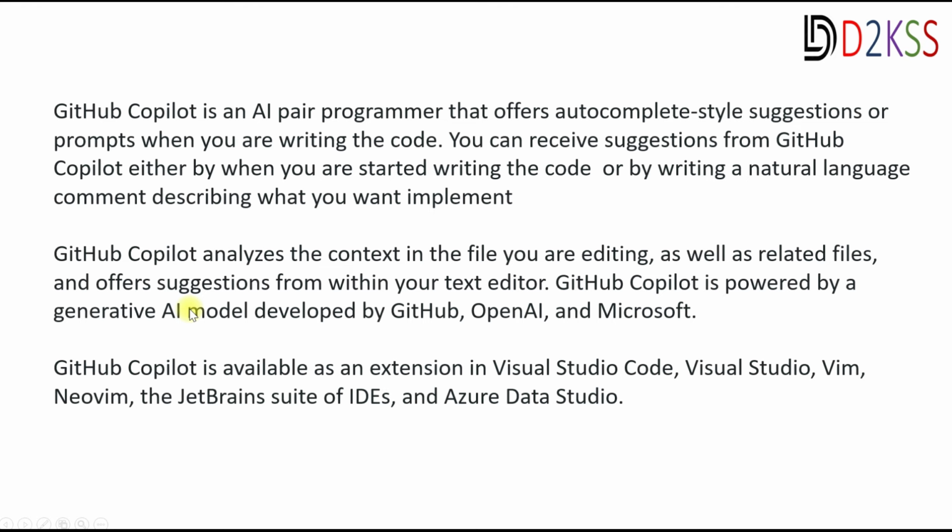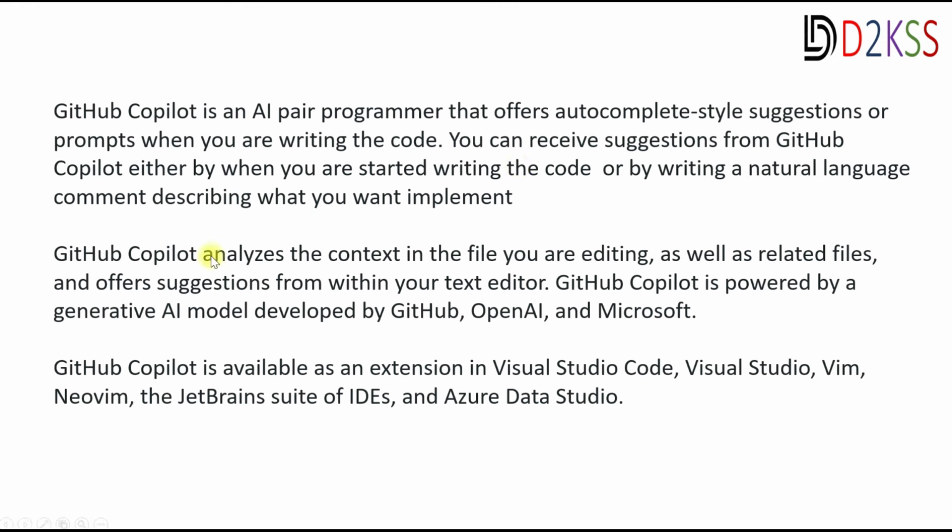I'll repeat again. GitHub Copilot is an AI pair programmer that offers autocomplete style suggestions or prompts when you are writing the code. It is very helpful to the developer, who doesn't need to spend time writing the code since it is already prompting what they want to write.